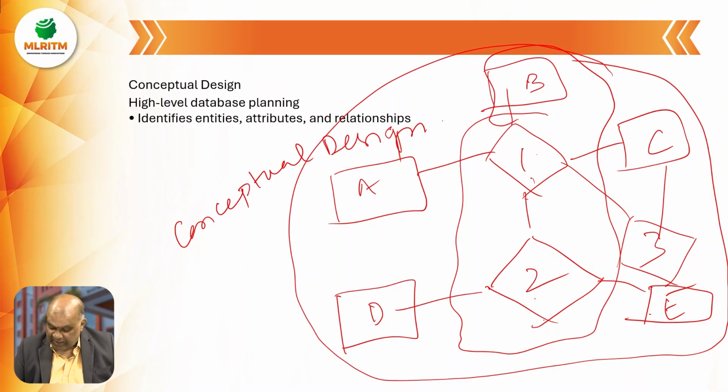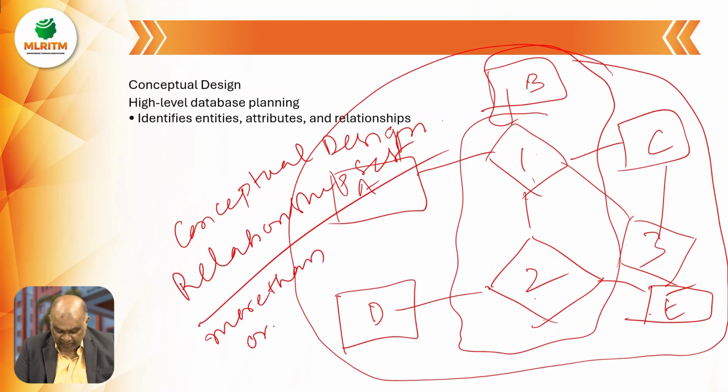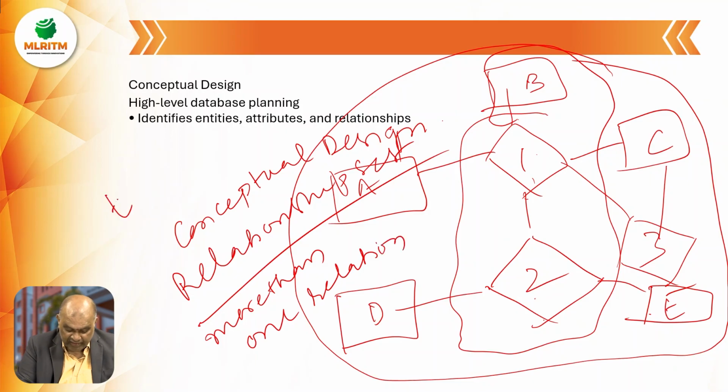So 1, 2, and 3. Relationship set means more than one relation. Whereas in ER diagrams, we are having two entities and one relation.